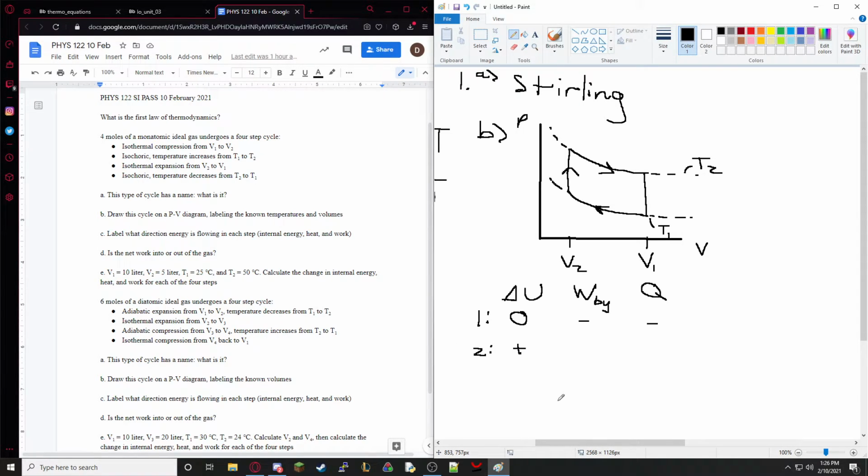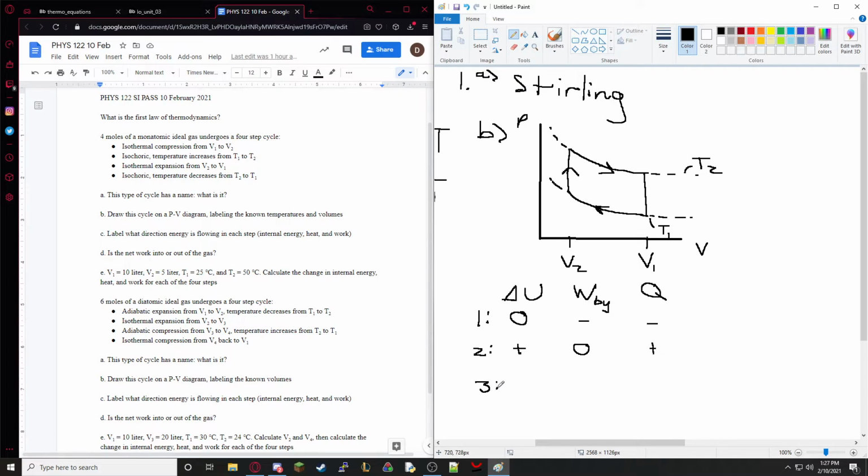And so then you said that that was equal to the heat. And why is that? Yeah, I was thinking that it was equal to the heat because work was 0. Exactly. I couldn't have said it better myself. So work is 0 because there's no change in volume. That means our heat has to be positive so that there is a positive change in energy.